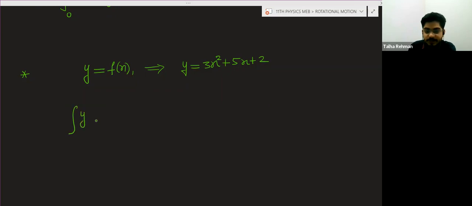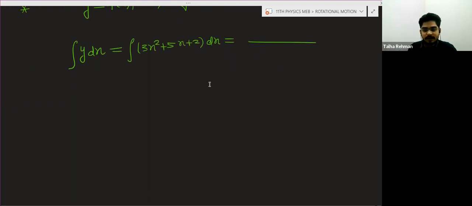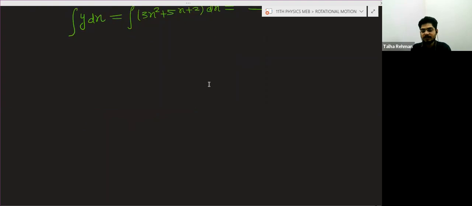Integration of y with respect to x means you will write here y multiplied by dx. So now you will put the value of y, which is 3x square plus 5x plus 2, and this is dx. And now you can do the integration. But now I am telling how to integrate.